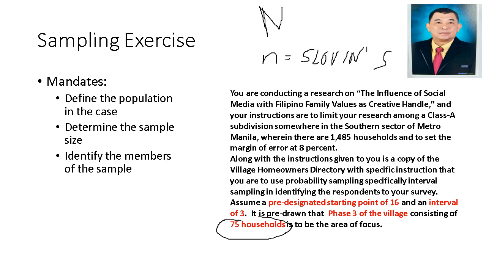Here, it is clearly known that our margin of error is set at 8%. So meaning to say, our statistical confidence level is 92%. All right. So now, let us begin our computation.